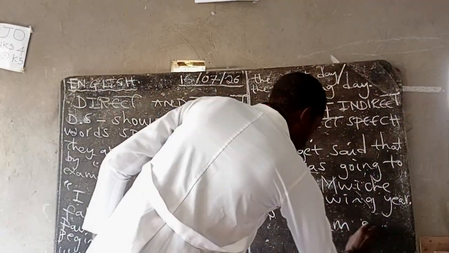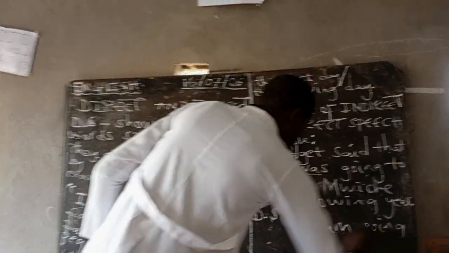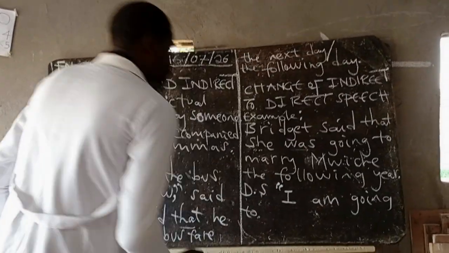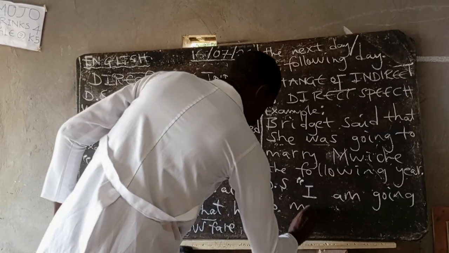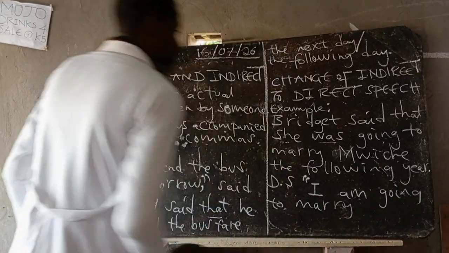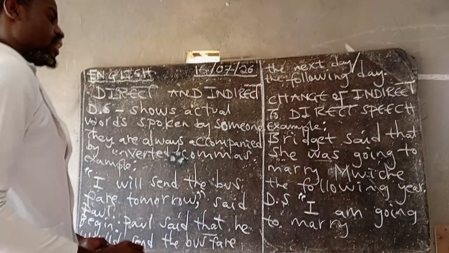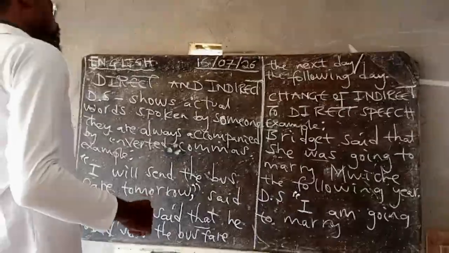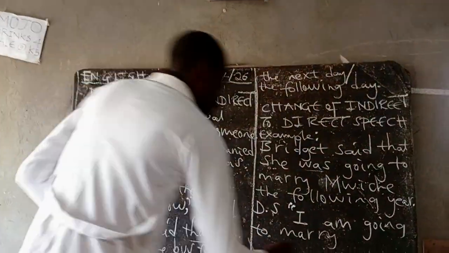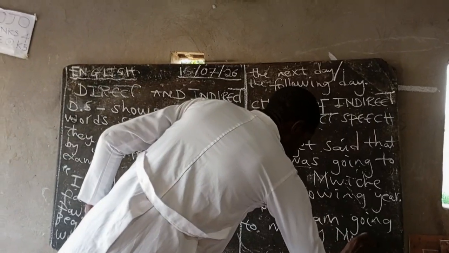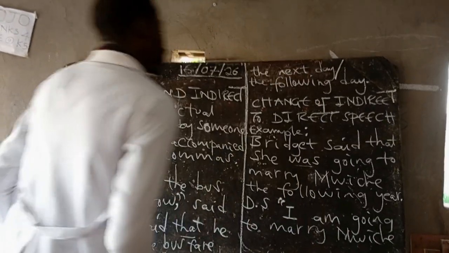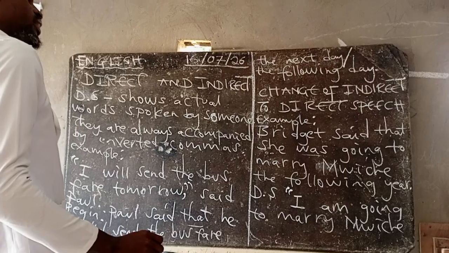I am going to marry doesn't change. So everything should be present tense. I'm going to marry Muiche.